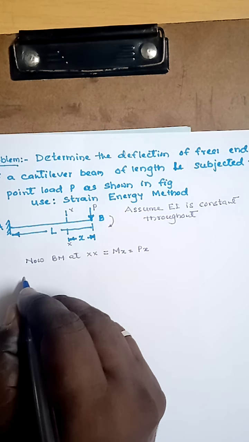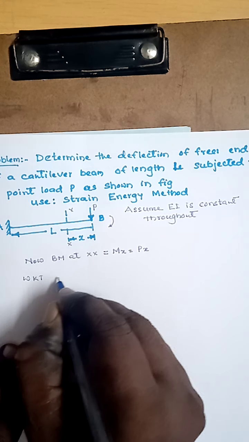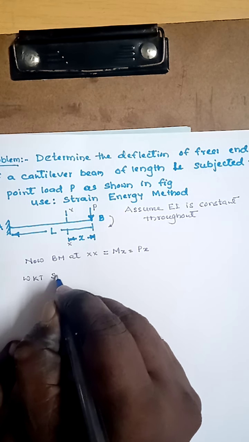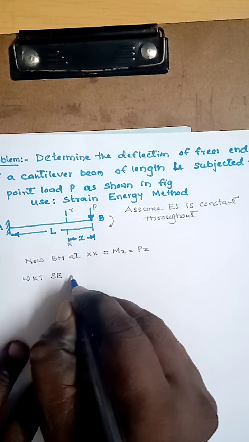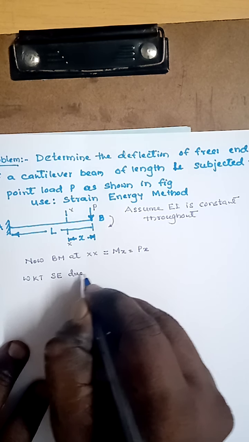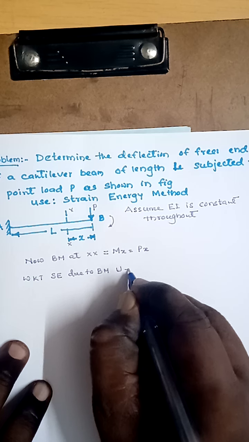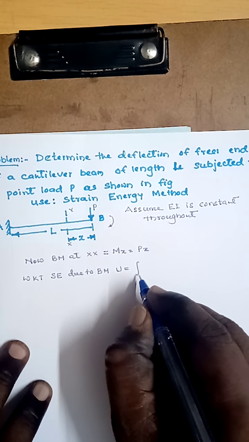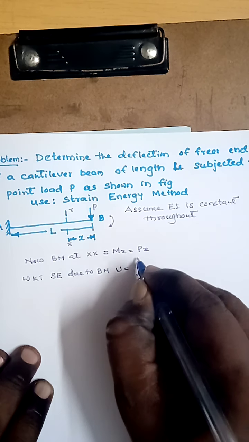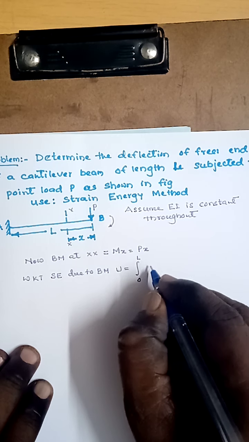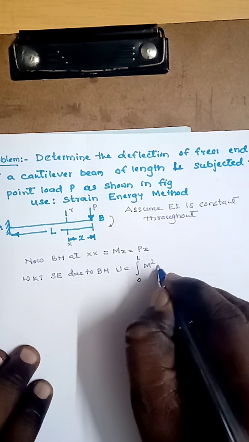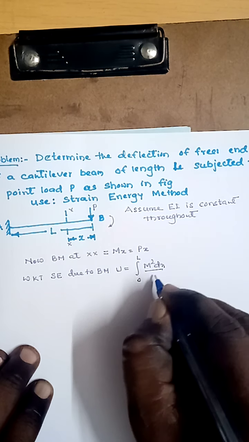Then we know that strain energy due to the bending moment is given by expression U equals integration of 0 to L, M square dx divided by 2EI.